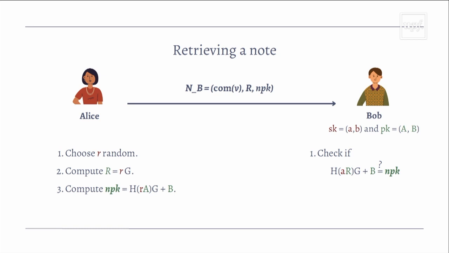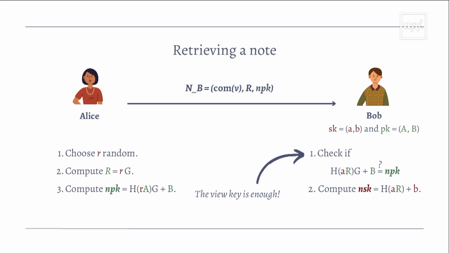If that is the case, he knows that he is getting the node. And this is important because you can see that Bob does not use either the whole public key nor the whole secret key. He uses what I call the view key. So it's just the first part of the secret key and the second part of the public key.